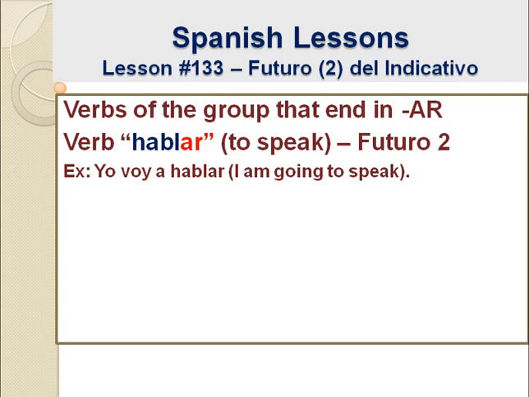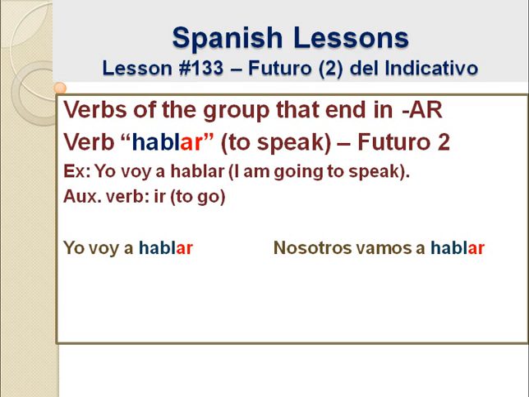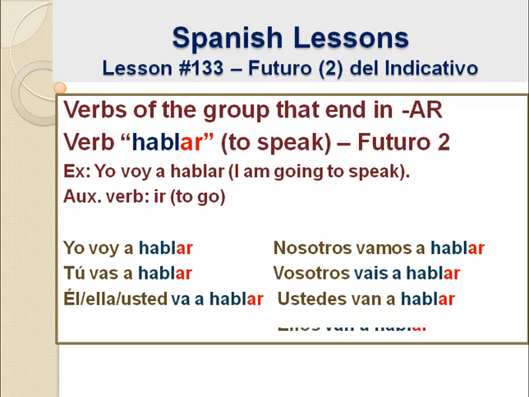Example, yo voy a hablar. I am going to speak. The auxiliary verb we will use is the verb ir, or verb to go, right? We will start with the first person, the person I. Yo voy a hablar.